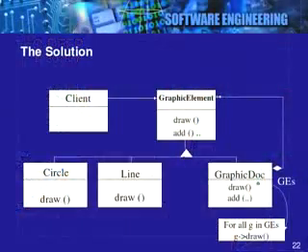So these are your leaf level classes, and these are the intermediate graphical documents, which are compositions, and the client handles all of them as graphical elements. If you delete a graphical element, and it's a graphical document, it should pass on this delete to all its components.